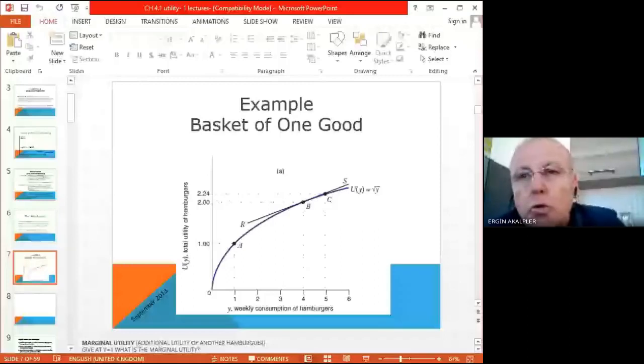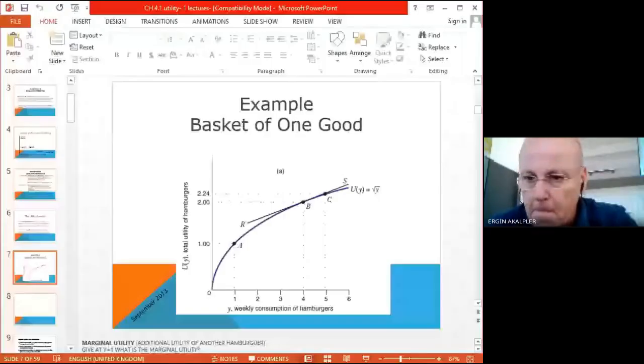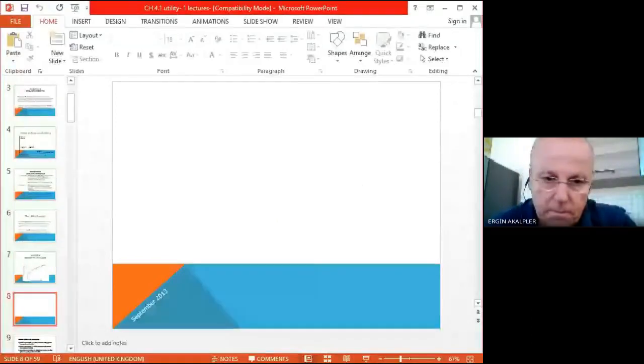And after 7 or 8, probably it turns negative. Therefore, we have to learn to create our optimal bundle regarding the given scenario as much as possible. You understand? Do you have any question?